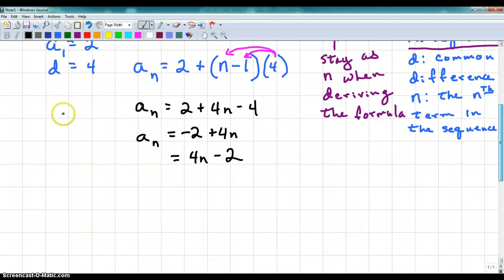Now remember that we are looking to find the 30th term. That means that if a sub n is equal to either one of these formulas, a sub 30 is going to be equal to 4 times 30. I'm going to use a little color coding.